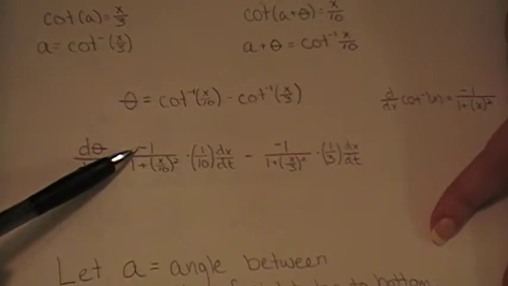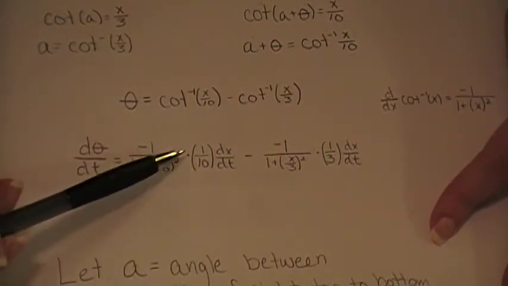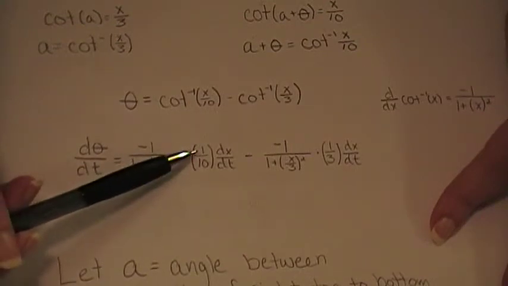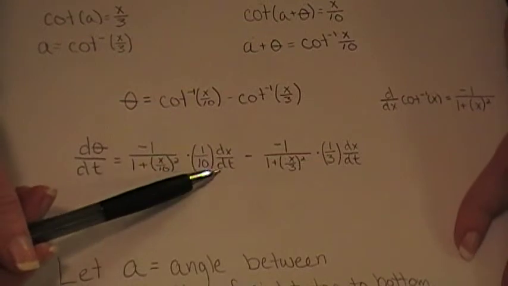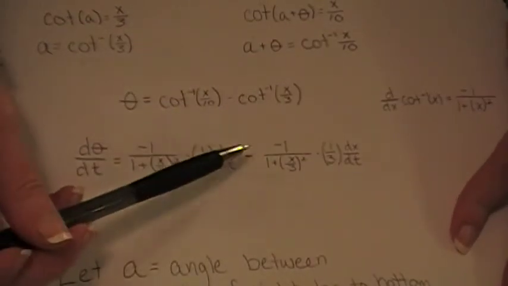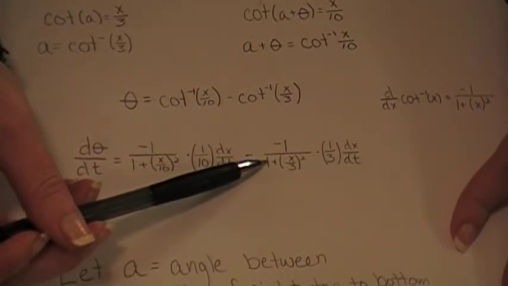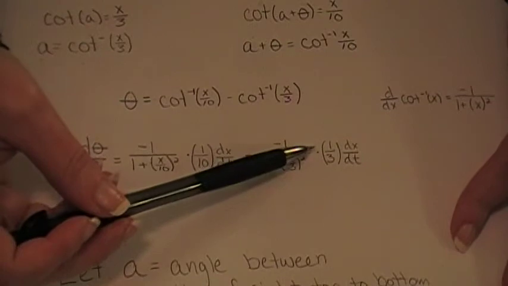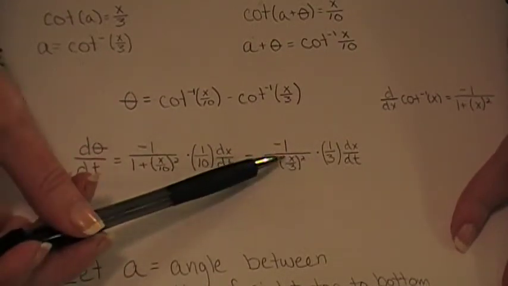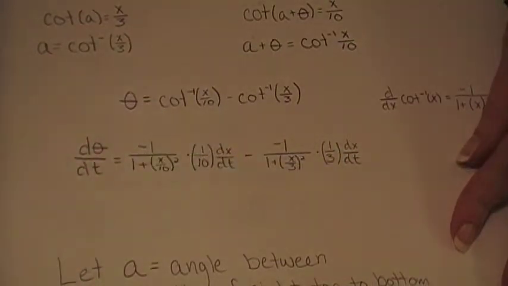This will be negative 1 over 1 plus x over 10 squared, times the derivative of x over 10, times the derivative of x in relation to time, minus negative 1 over 1 plus x over 3 squared, times the derivative of x over 3, times the derivative of x in relation to t, or time.